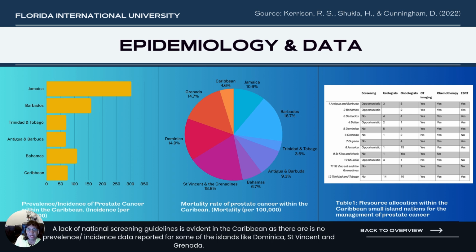For the screening, you see that the majority of them either have no screening, meaning they do not get screened, or it is opportunistic. They may have the opportunity to do it, but some of them have no opportunity, or they just don't bother to get screened.